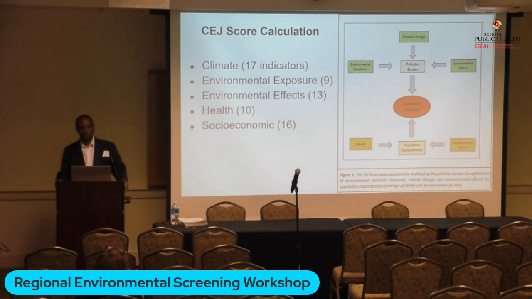First we look at climate change, environmental exposure, and environmental effects, and we combine them to bring the pollution burden at the census tract level. At the same time, we also bring in health and socioeconomic factors, and together they give the population characteristics. Then finally, we produce the composite EDGE score at census tract level.